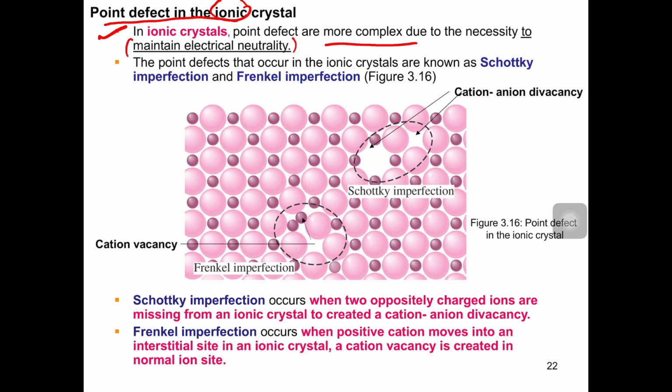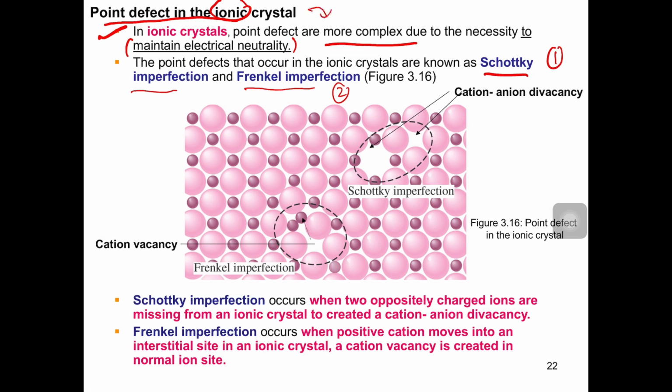That means that they have to balance positive to negative. The point defects that occur in ionic crystals are known as Schottky imperfection and Frenkel imperfection. There are two, Schottky and Frenkel, for ionic crystal imperfections or defects.